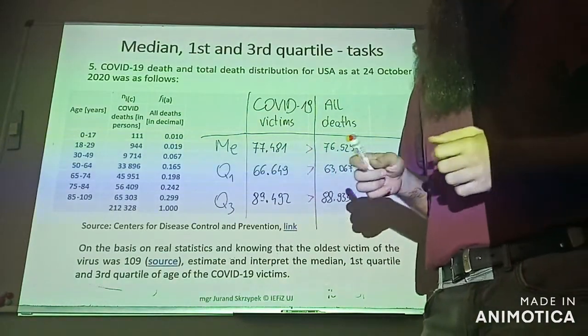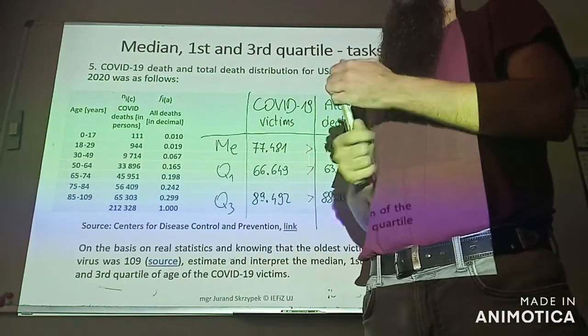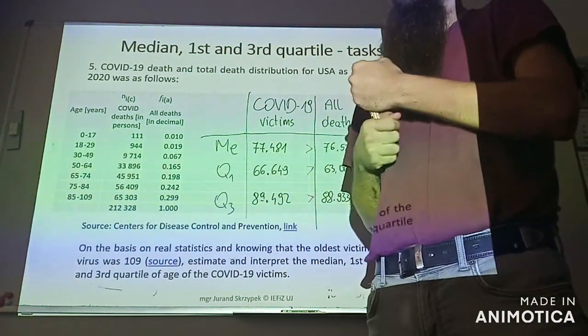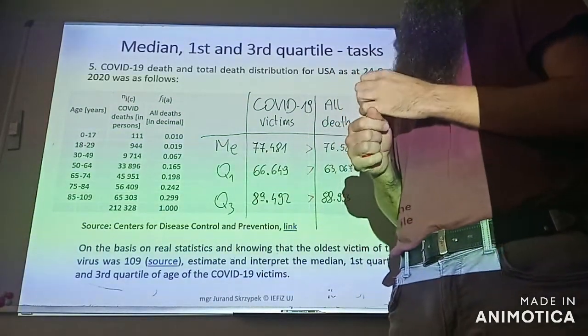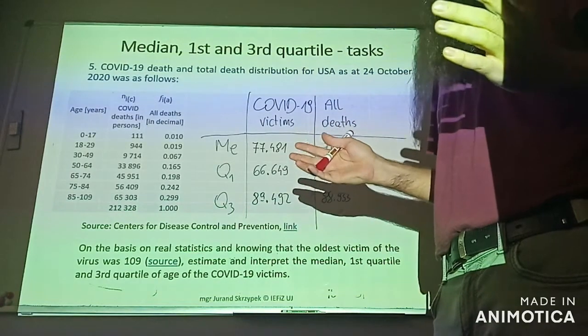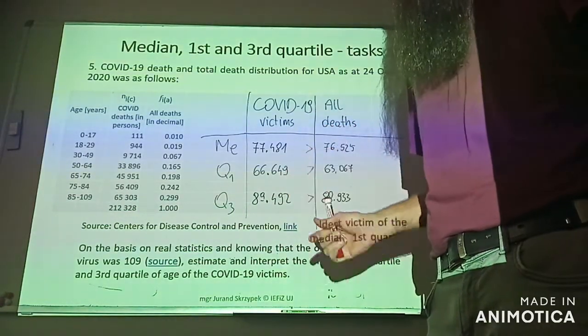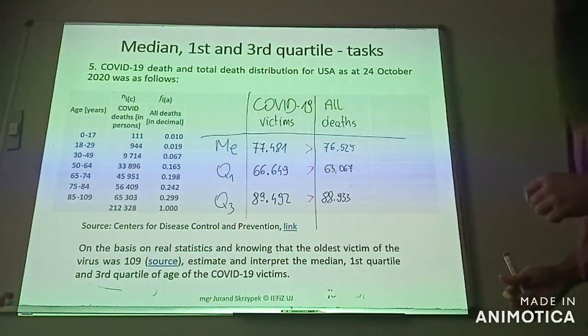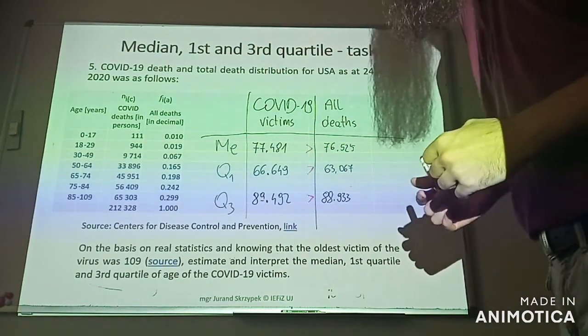It means that COVID-19 victims tend to be older than all deaths overall. In other words, COVID victims tend to be older than the dead for a variety of reasons.